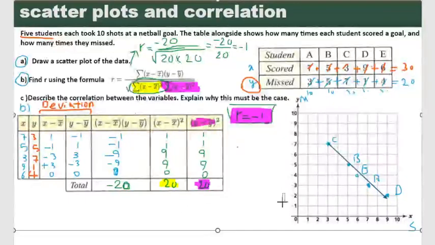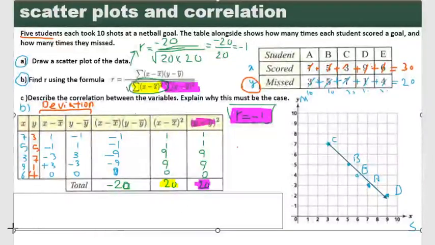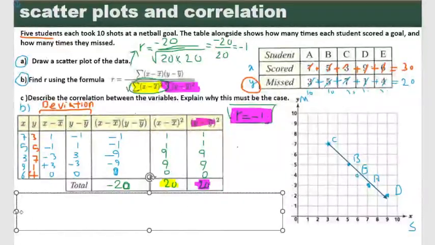I've drawn a text box here to write better. And I say perfect negative. Why? Because the sign of R is negative. And why? Because we see on the graph when x increases, y decreases.